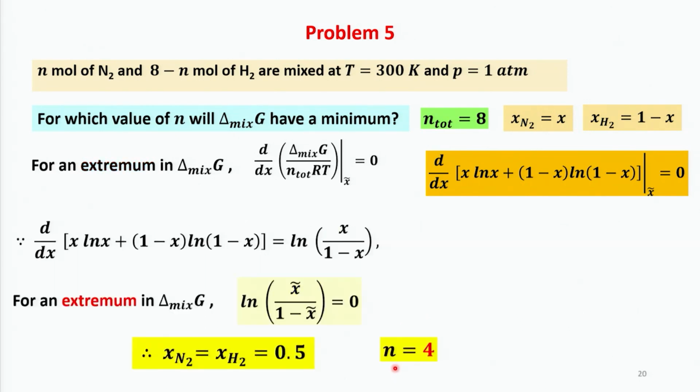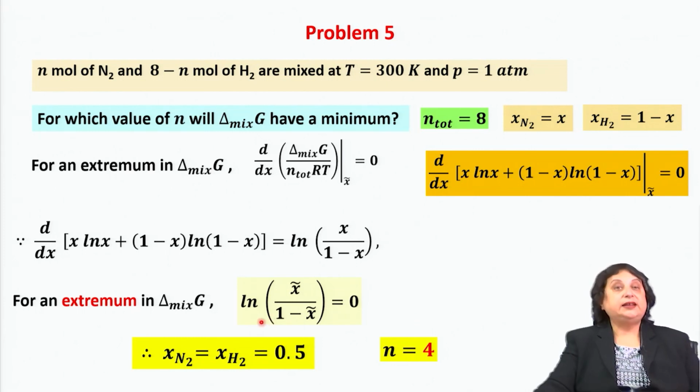Now, moving ahead, knowing this, I understand that if there is an extremum in this free energy of mixing, then at x equal to x tilde, log of this quantity must be equal to 0. This means that x tilde divided by 1 minus x tilde must be equal to 1, and that tells me that x tilde must be equal to 0.5.